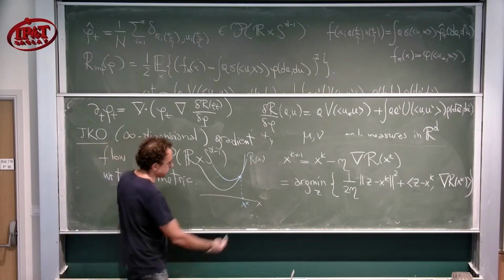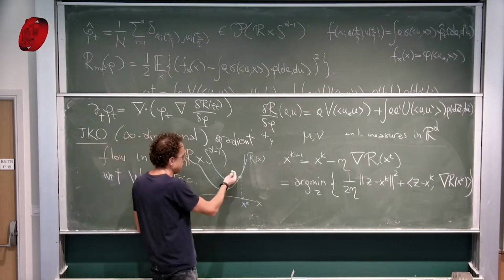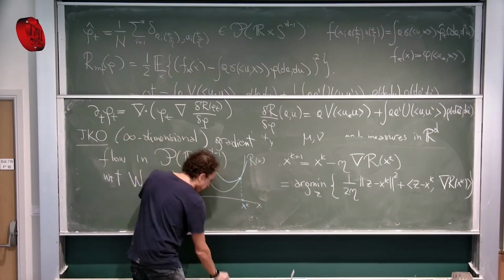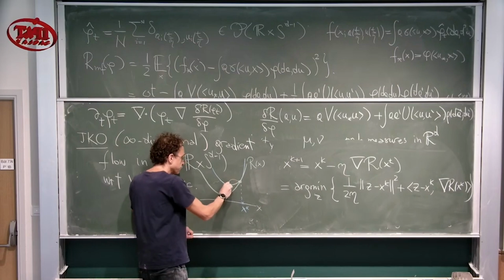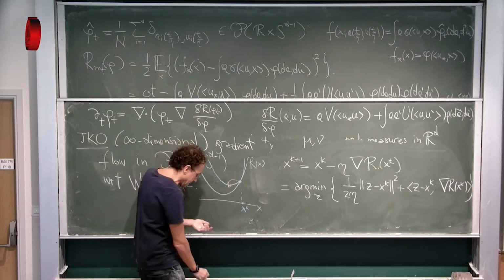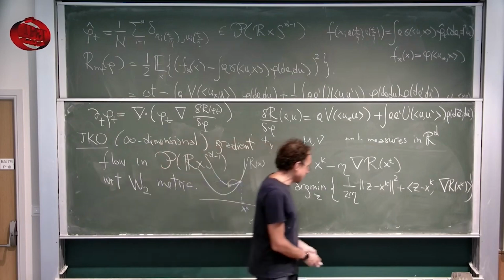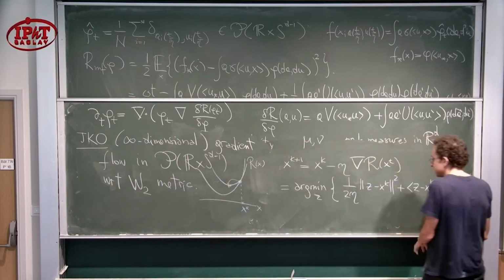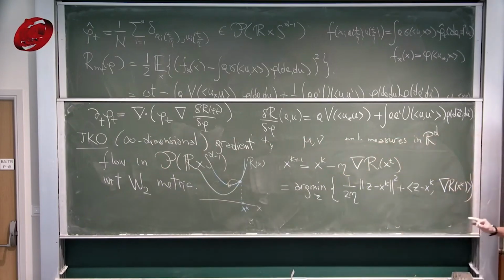So with this interpretation, what you're doing is constructing an upper bound to your objective and then jumping to the minimum of it. If you think about it this way, there is a natural thing: now we can start playing, basically to construct a better approximation.